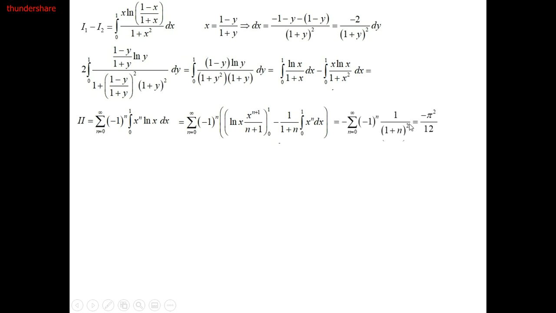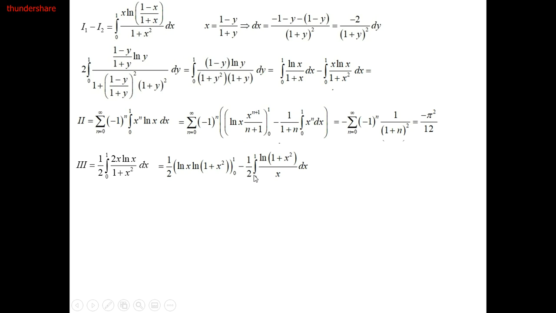And after using the famous series of 1 divided by (1 plus n) squared, the value, from the Euler sum, will equal negative pi squared divided by 12. So this part equals negative pi squared divided by 12. How about the second one? The second one is the same idea. We will make integration by parts.